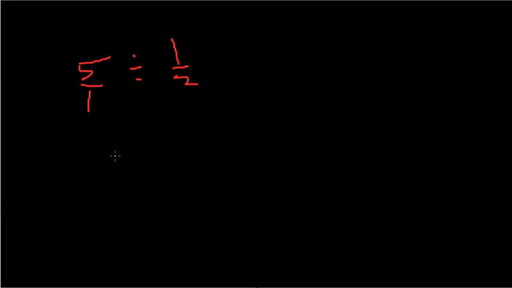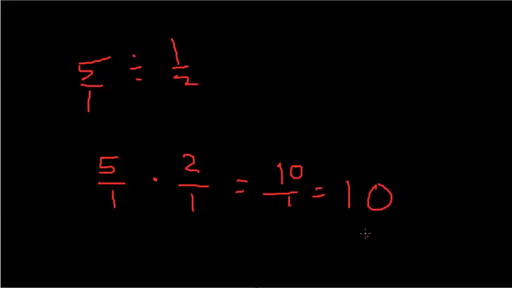What that means is I'm going to rewrite this into 5/1 times 2/1. Dividing by 1/2 is the same as multiplying by its reciprocal. Reciprocal is just flipping that fraction. So now I multiply and I get 10/1, which is equal to 10.